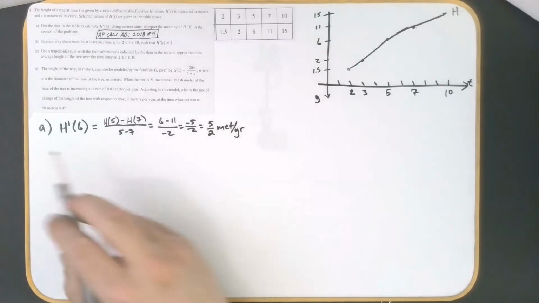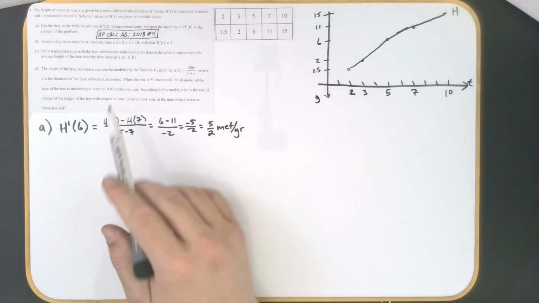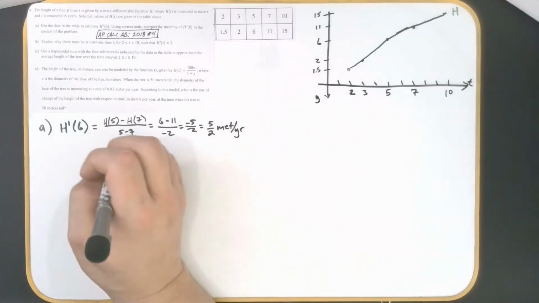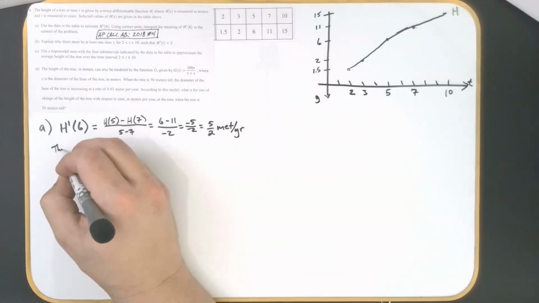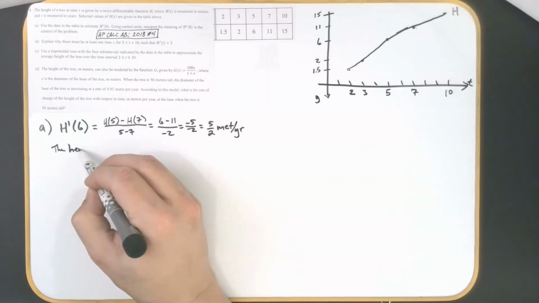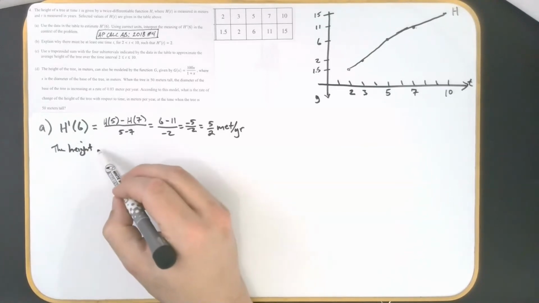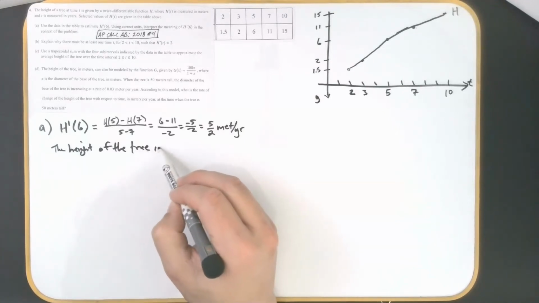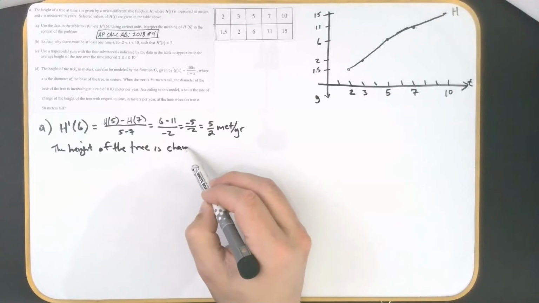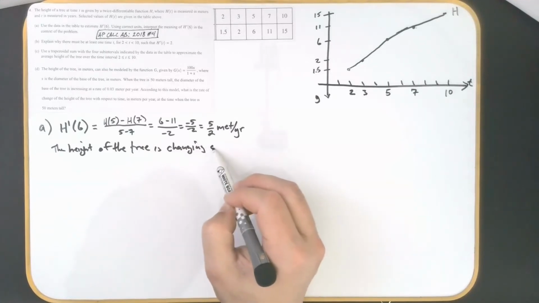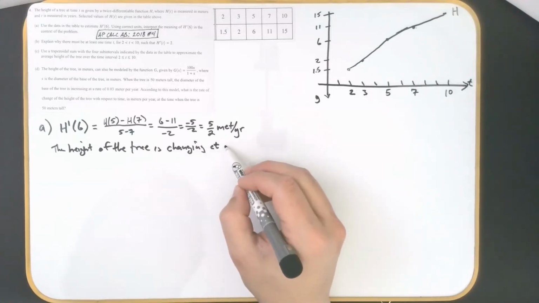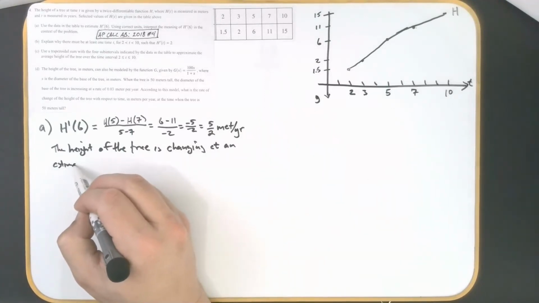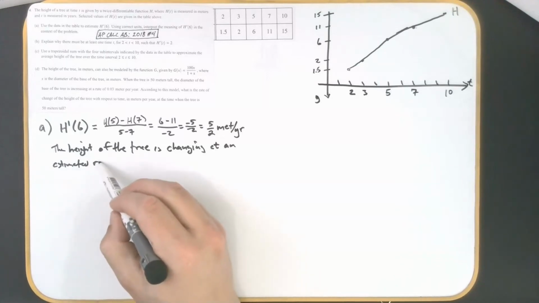Okay, so find h prime of 6. It says explain the meaning in the context of the problem. The meaning in the context of the problem is the height of the tree is changing at an estimated rate.